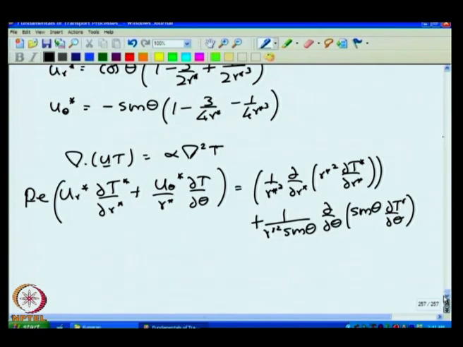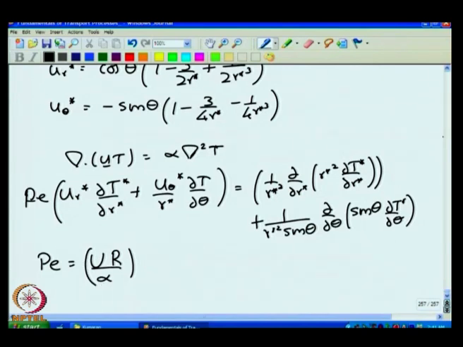So, this will end up being the scaled equation. I just scaled the velocity by capital U, the length by capital R, and the Peclet number is equal to U R by alpha.